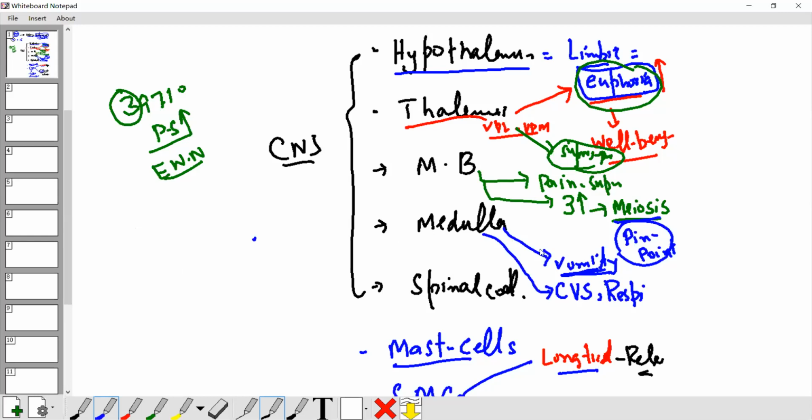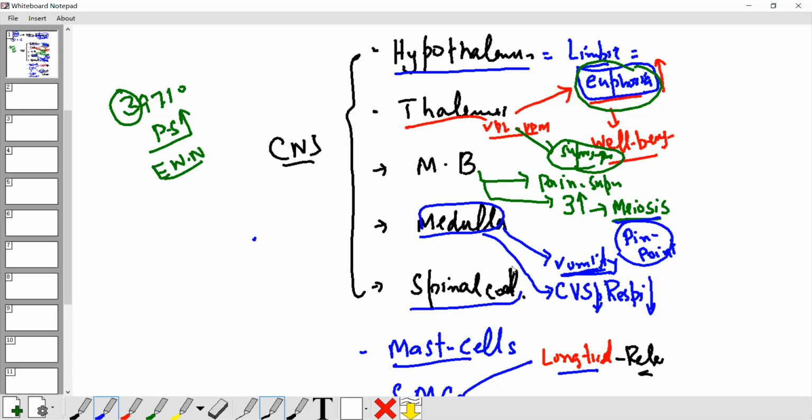So what happens in case of very high drug abuse of this drug? The CVS system is suppressed, the respiratory system is suppressed, because these centers are present inside the medulla.